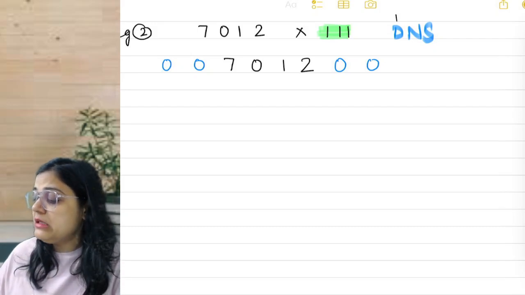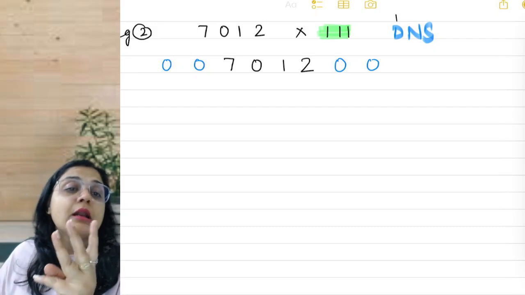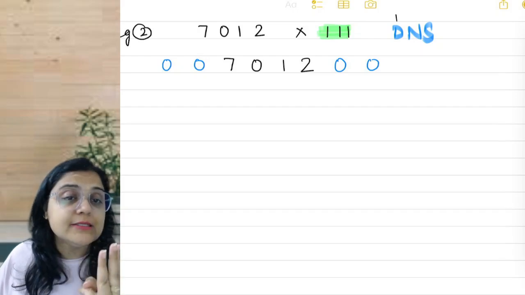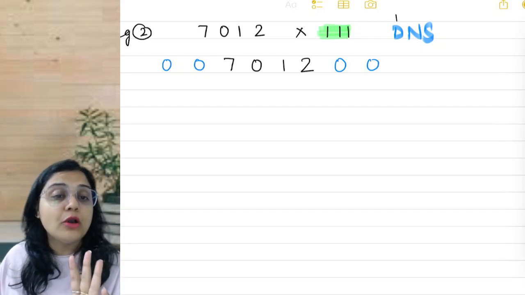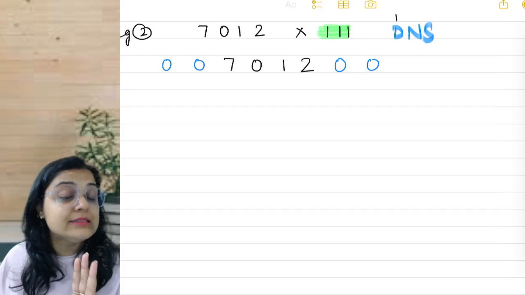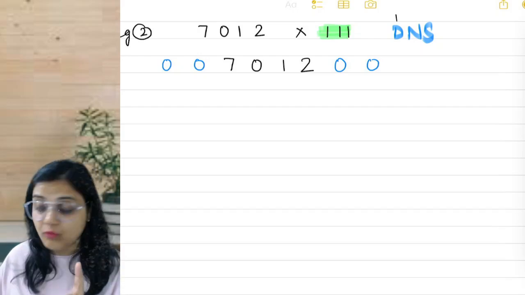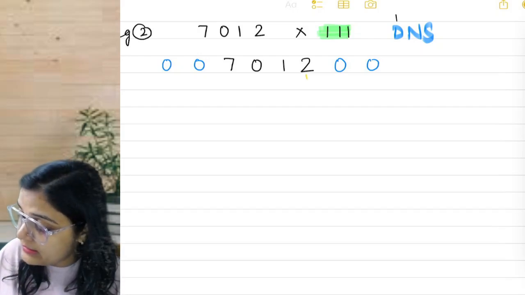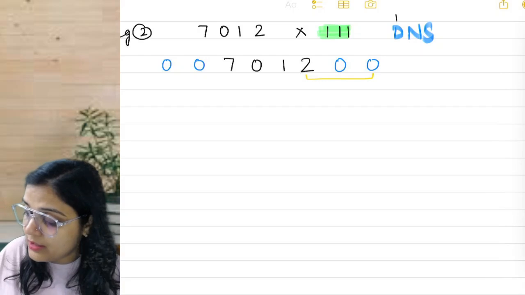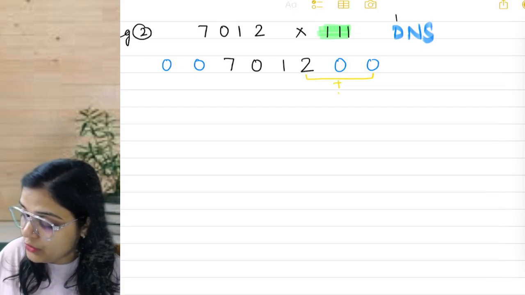Since there are 3 digits in triple one, we'll add 3 consecutive terms at a time. So I am adding these 3, and you will get 2.